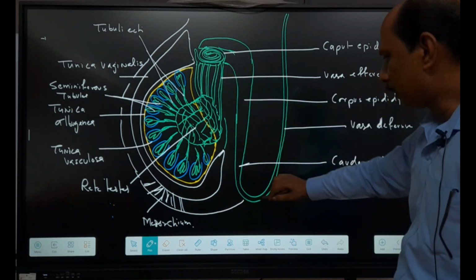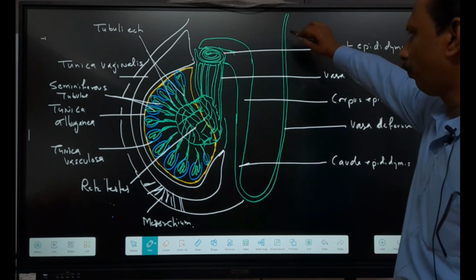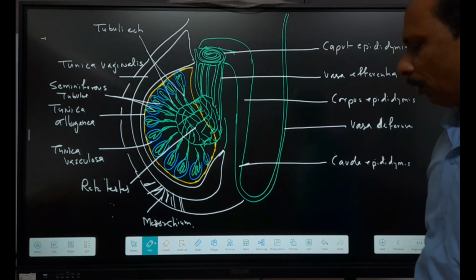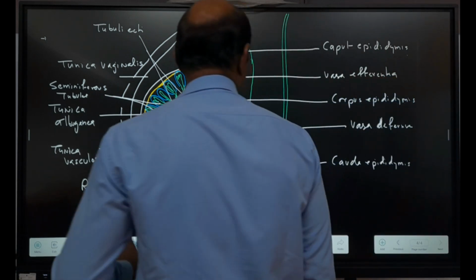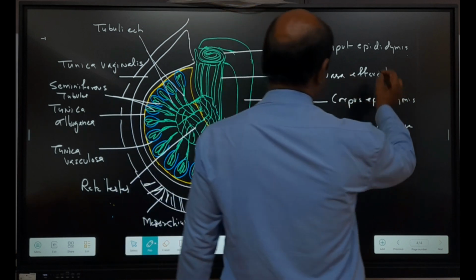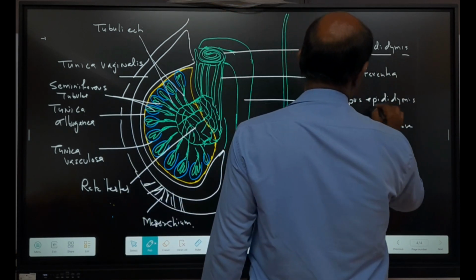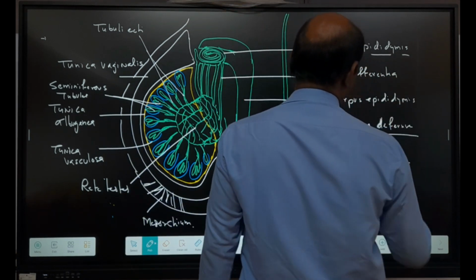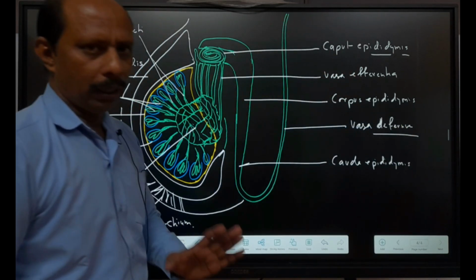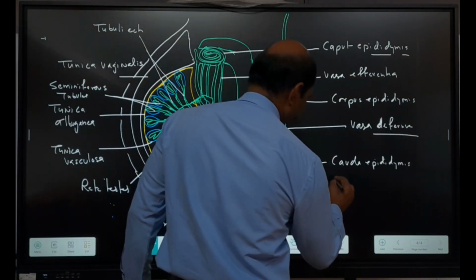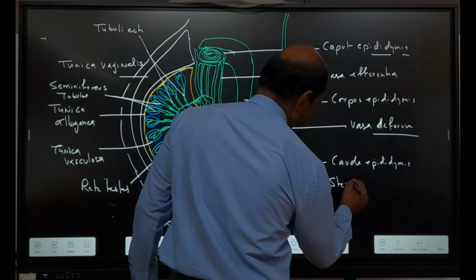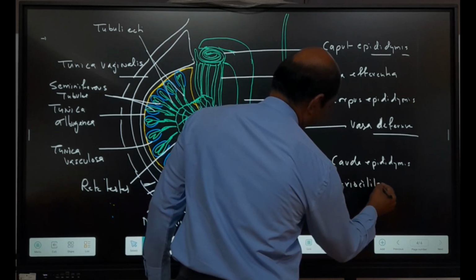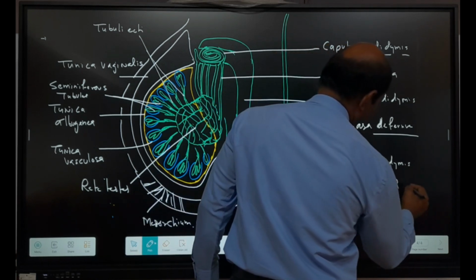Then after this, our vas deferens, this is vas deferens, right? We can say the epididymis or this vas deferens, which type of epithelium do they have? They have stereociliated epithelium.